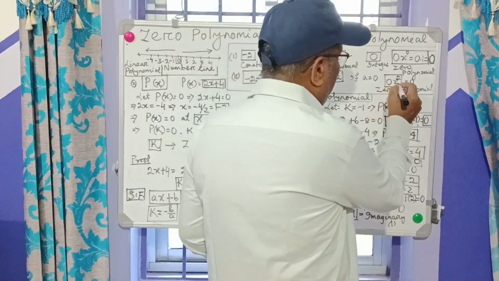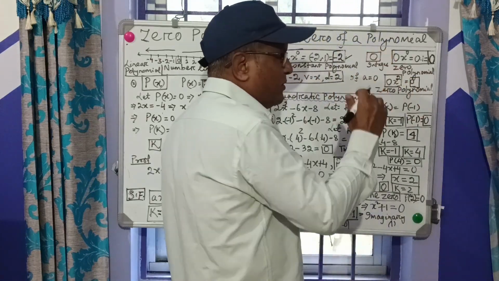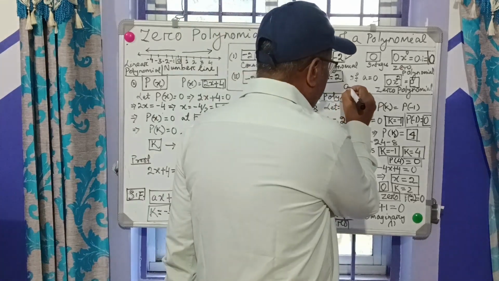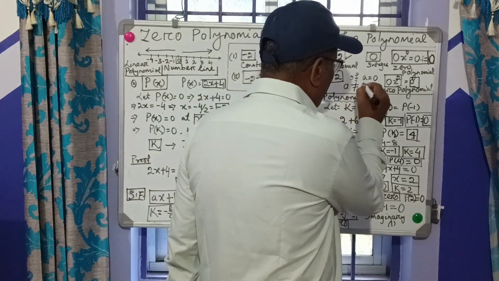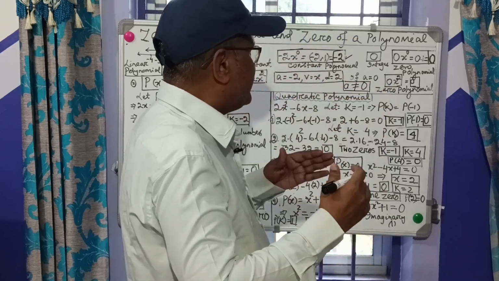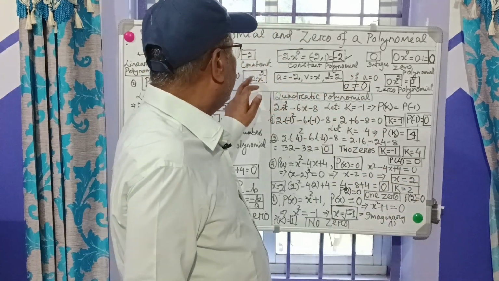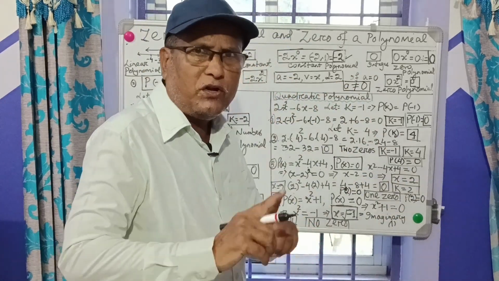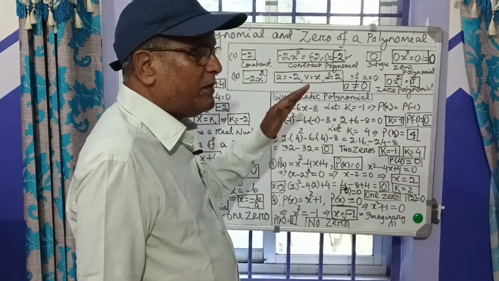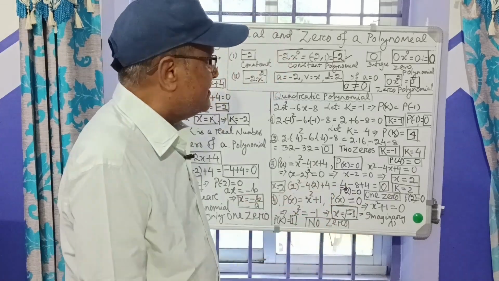You see 0 into x square is equal to 0. So this is another way of getting a zero polynomial. That's why in a polynomial there is a condition a is not equal to 0. If a becomes 0, that is the coefficient is 0, then that term turns into a zero polynomial. So this is about the zero polynomial we discussed in detail in our last class.